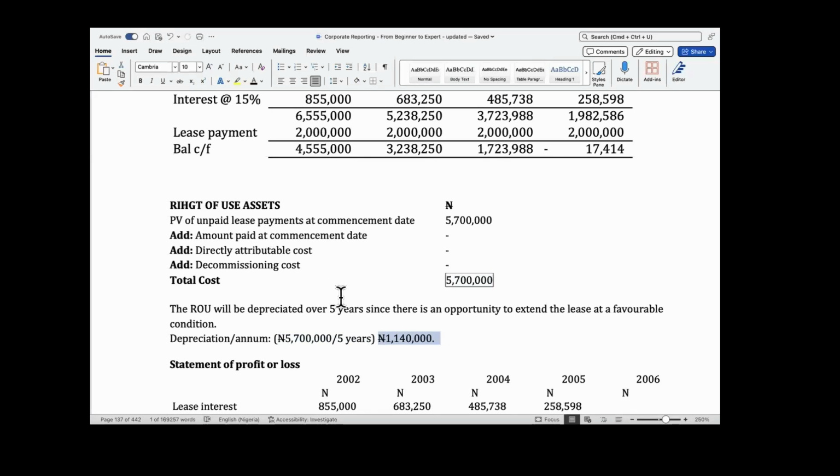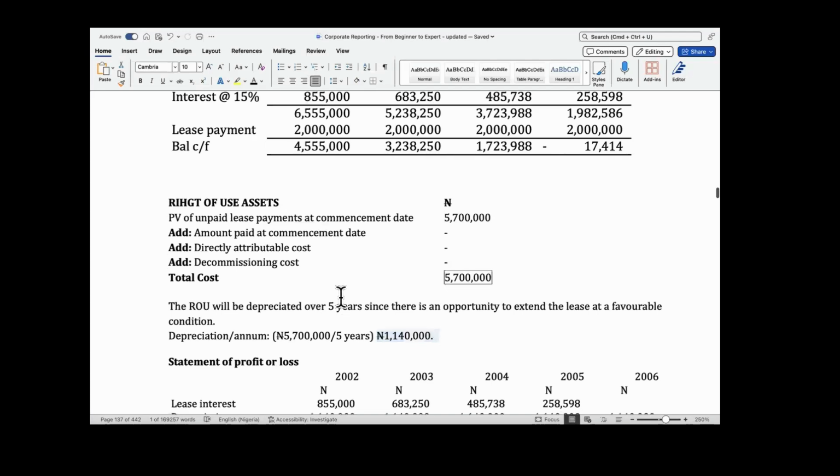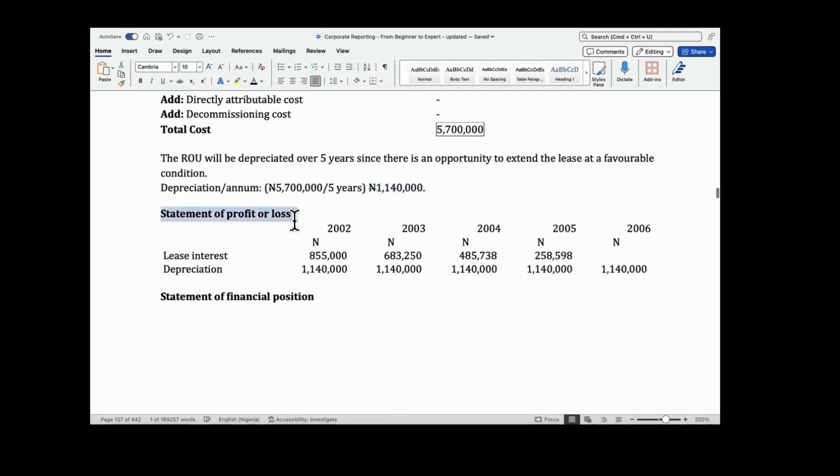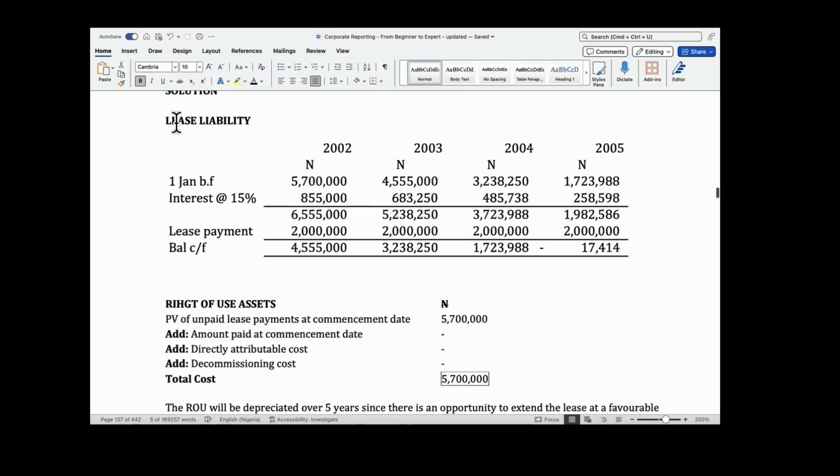Okay. Since the question requested that we do financial statement extracts, let's prepare our statement of profit or loss. From the lease liability schedule we did, the only item that will go to P&L is these interests, this finance cost. Those are the items that will go to P&L every year.